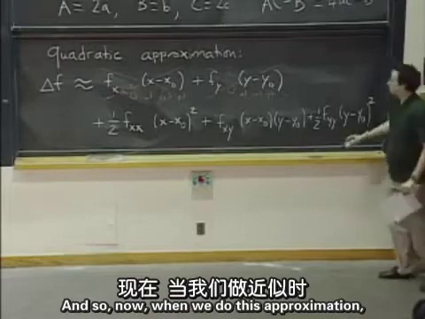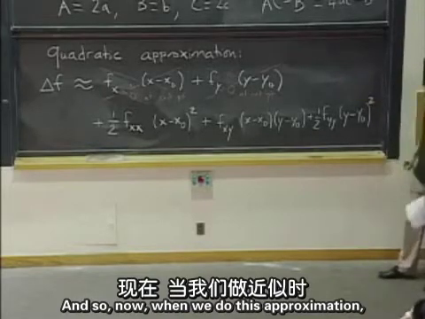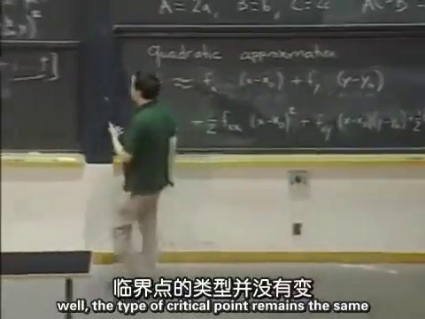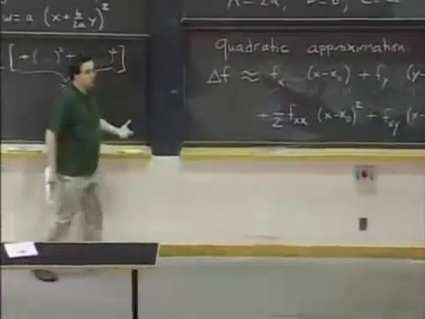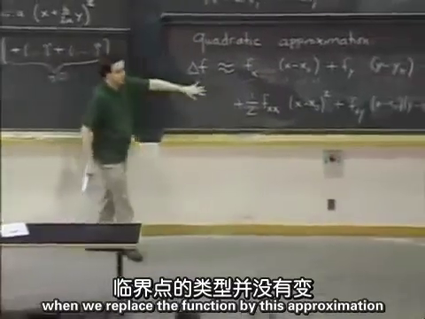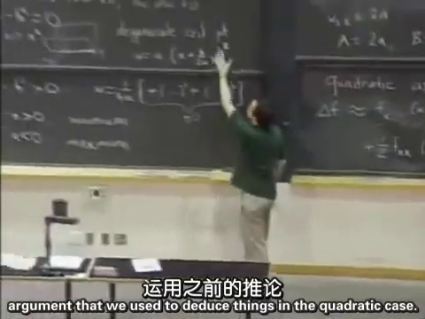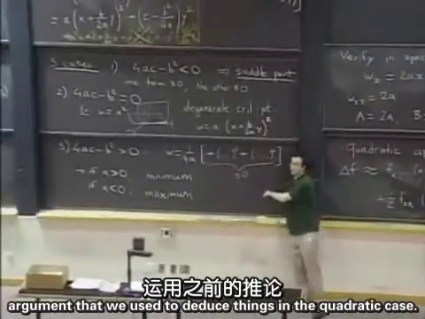And so now, when we do this approximation, well, the type of critical point remains the same when we replace the function by this approximation. And so we can apply the argument that we used to deduce things in the quadratic case.